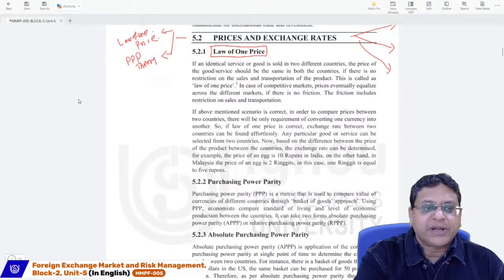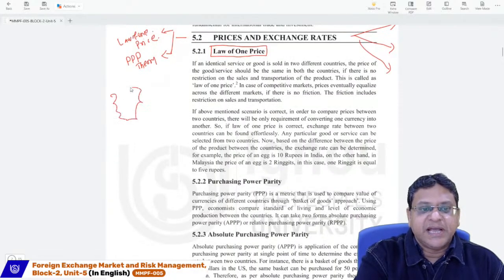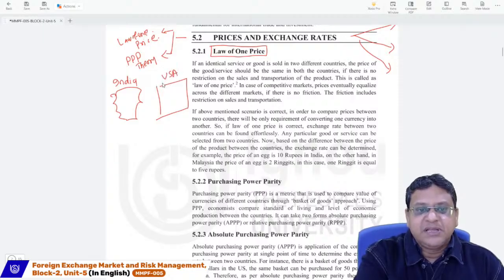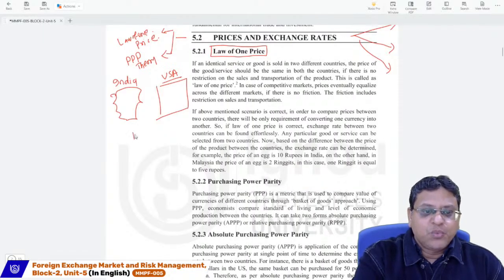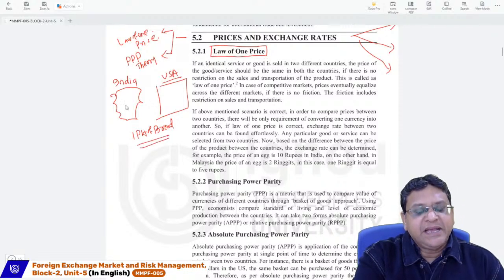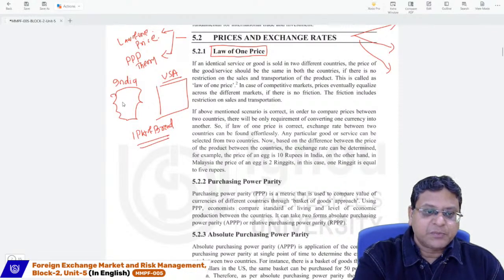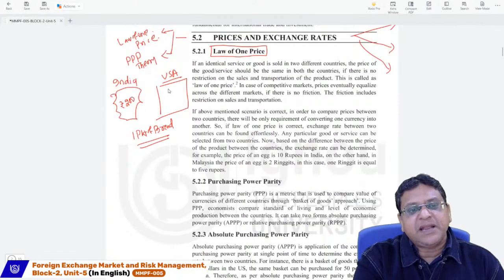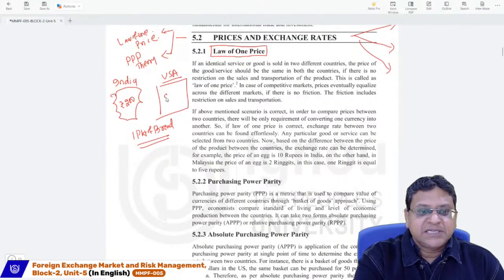There are two countries, India and USA. Suppose one packet of bread costs, let's say, 200 rupees in India, and similarly the cost of that one packet of bread in USA is $2.5.